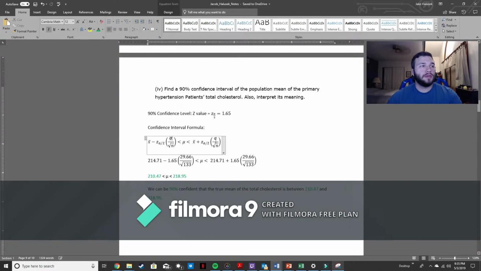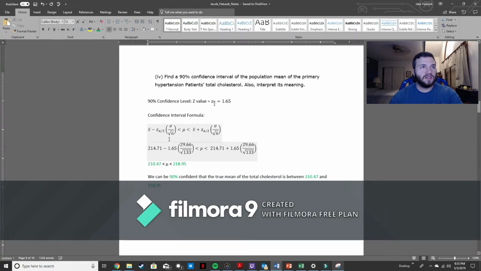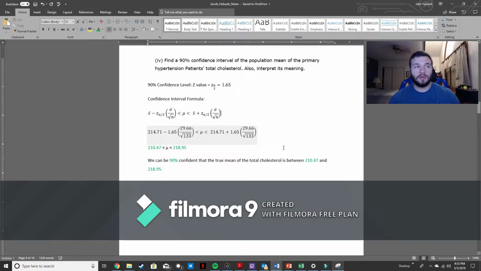We punch them out, solve it, and we are left with 210.47 is less than our population mean, and 218.95 is greater than our population mean. Interpreting the meaning of the range we got, we can be 90% confident that the true mean of the total cholesterol is between 210.47 and 218.95.